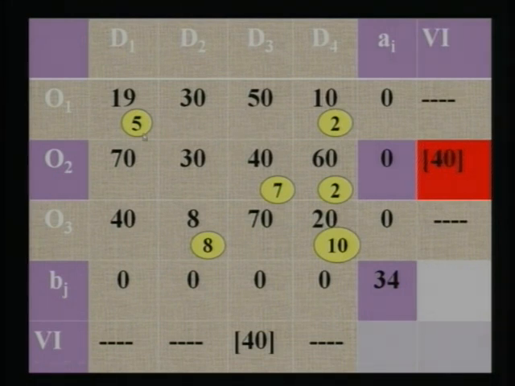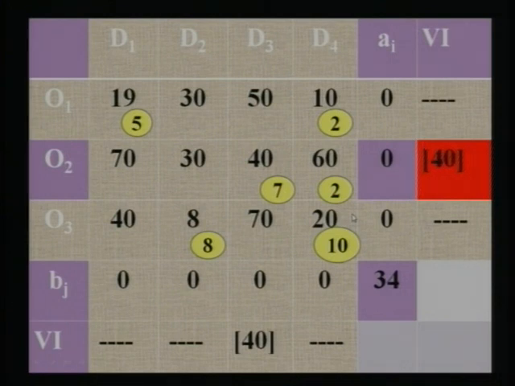My dear friends, you count how many basic variables are there, or how many yellow circles you can see on your screen in the transportation table. There are 1, 2, 3, 4, 5 and 6. There are 6 basic variables. These yellow circles are called basic variables, or they are also known as occupied cells.